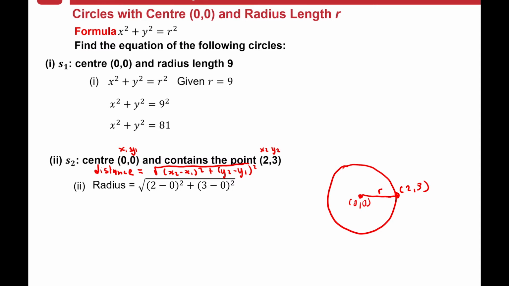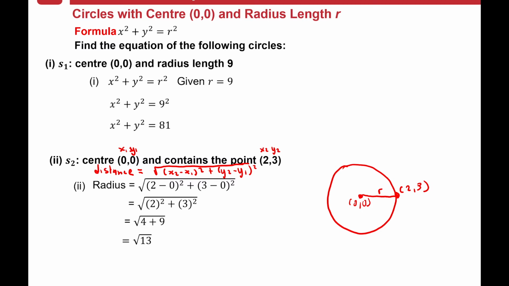We find our radius as the square root of 2 minus 0 squared plus 3 minus 0 squared. This gives us the square root of 2 squared plus 3 squared, which is equal to the square root of 4 plus 9, which is equal to the square root of 13.